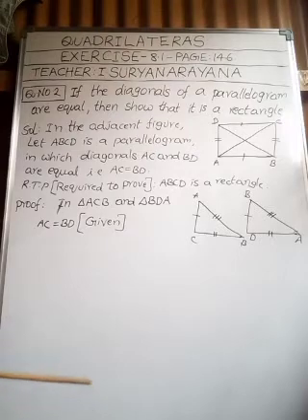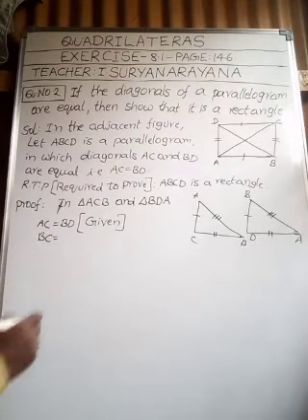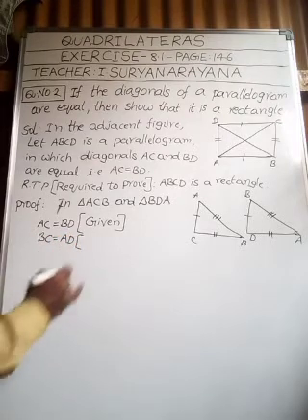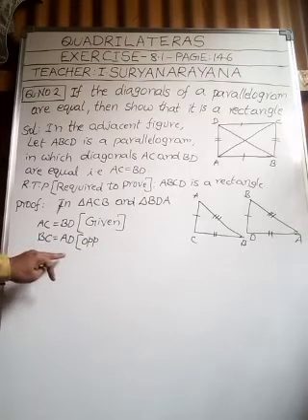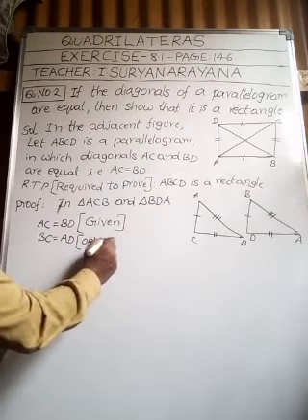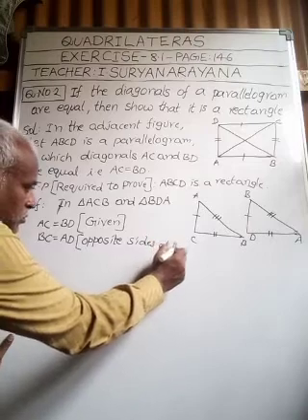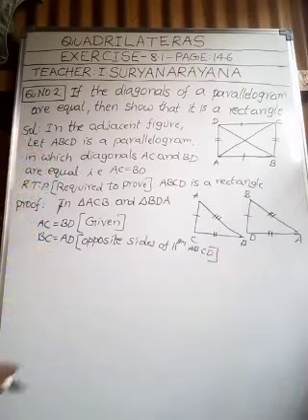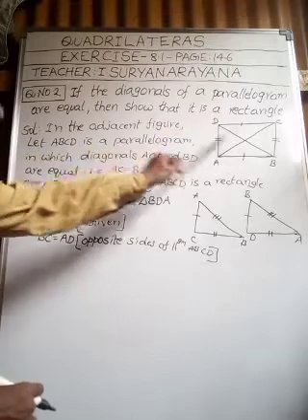Next, BC is equal to DA or AD, because these are a pair of opposite sides of a parallelogram, BC and AD.